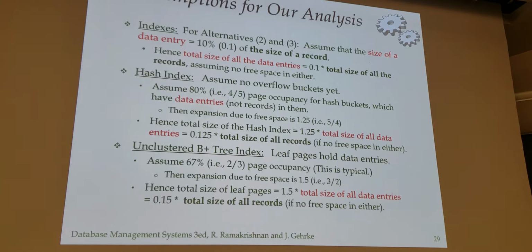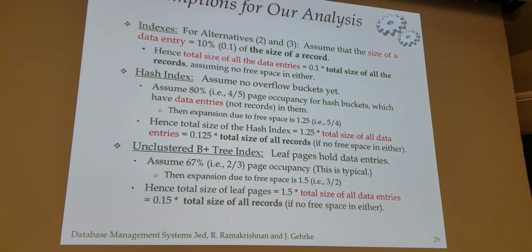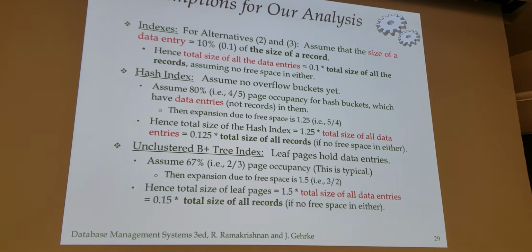So what does that mean? There's an expansion. If it's 4/5 full, the amount of space that you have is 5/4 of what you would have if everything was jammed together. 4/5 full, meaning you're using 5/4 the space you would use if there were no free space.